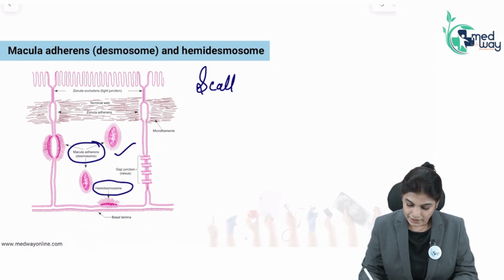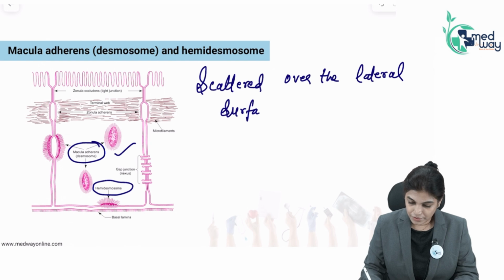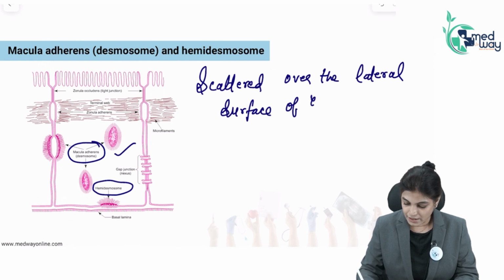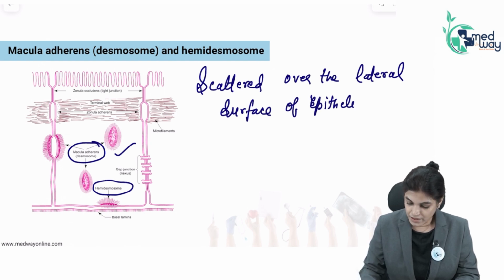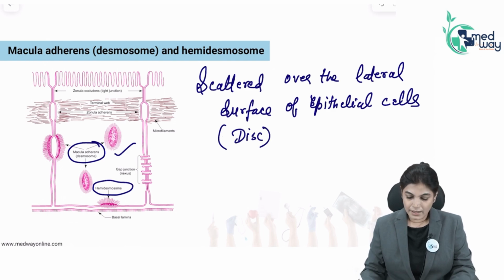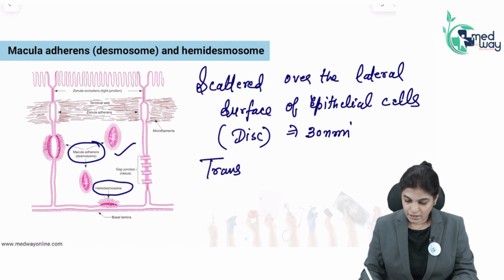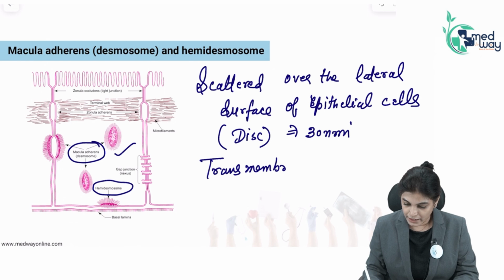So, it is scattered over the lateral surface of epithelial cells in the form of a disc, with a gap of 30 nanometers and transmembrane proteins embedded in it.